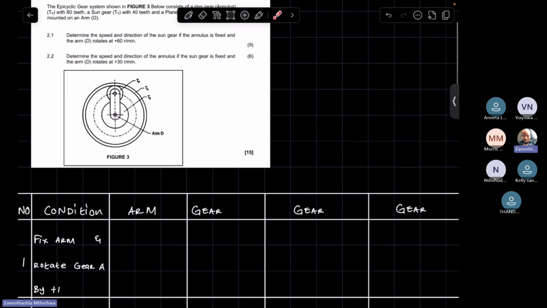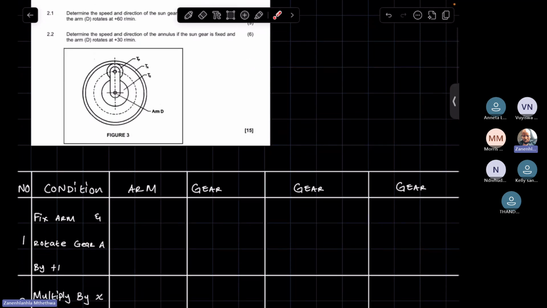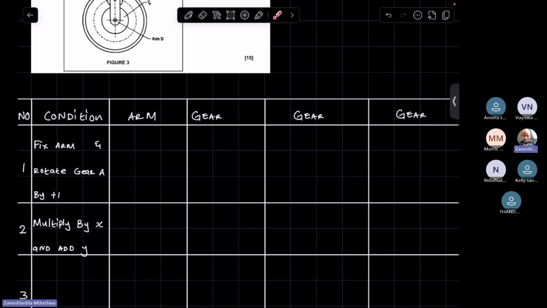Now, it is important to note that with epicyclic gear systems, we have to tabulate our information. On the table, you have two conditions. The two conditions are fixed conditions because they do not change. If you look at the first row of conditions here, it is to fix the arm and rotate the annulus by one revolution clockwise.